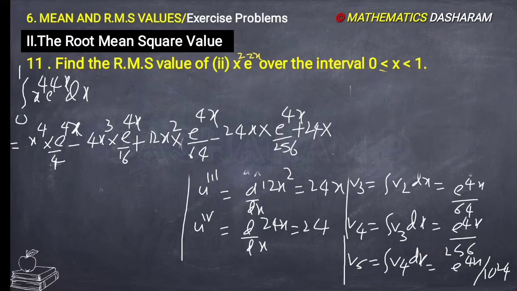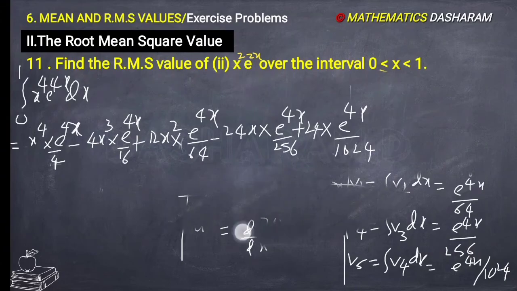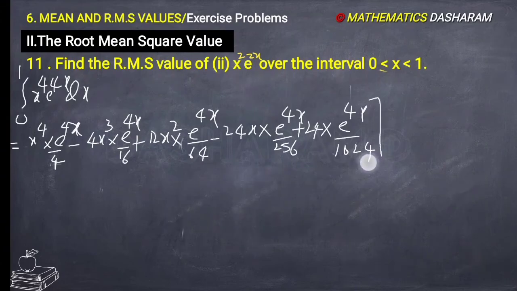What is v5? e to the power of 4x divided by 1024. And the limits are 0 to 1.